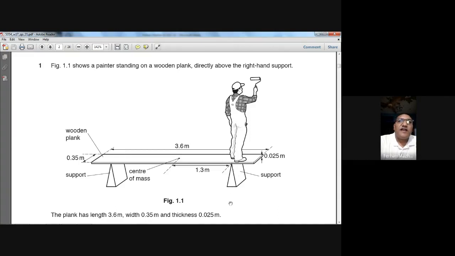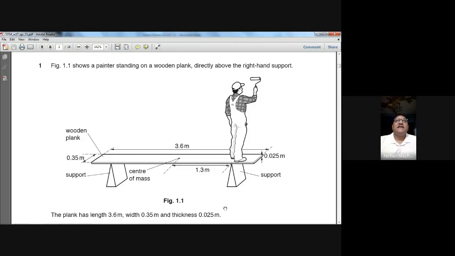When the line of action of a force passes through the pivot, that force does not produce any moment or turning effect, because its moment arm is zero.